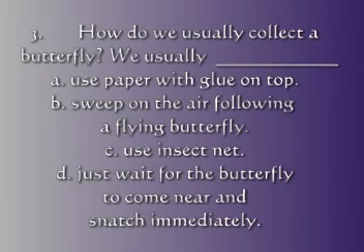Number 3. How do we usually collect a butterfly? We usually blank. A. Use paper with glue on top. B. Sweep on the air following a flying butterfly. C. Use insect net. And D. Just wait for the butterfly to come near and snatch immediately.